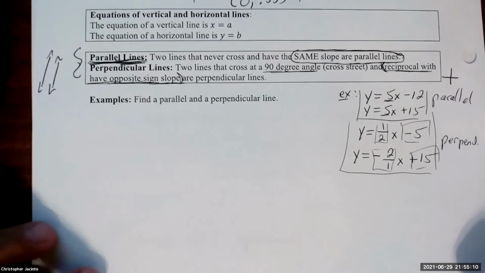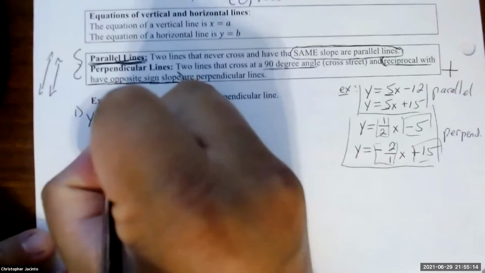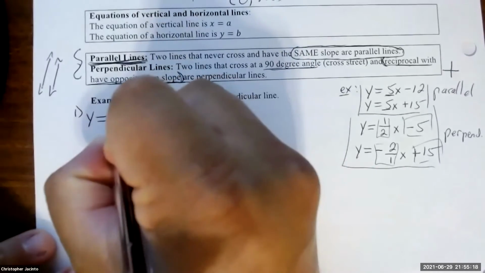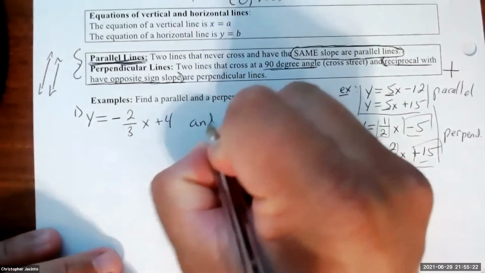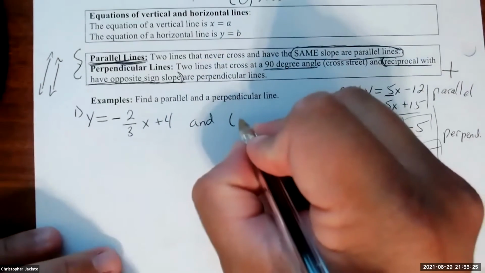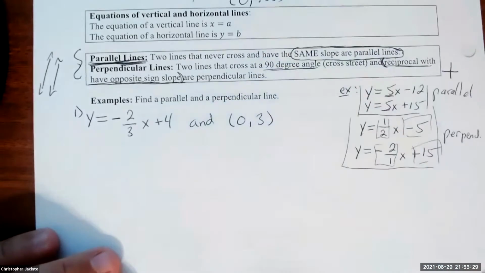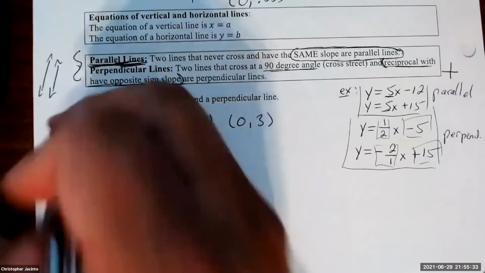So how will this come into play? Okay. Let's suppose we have this line here. And let's suppose we're also given the point right there.